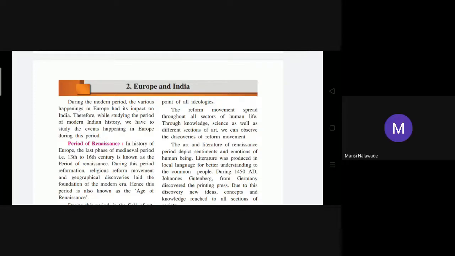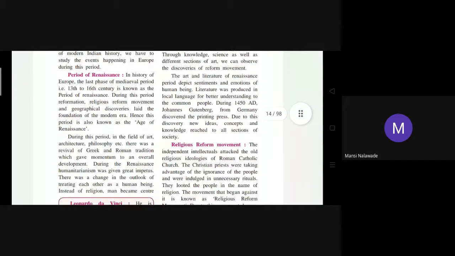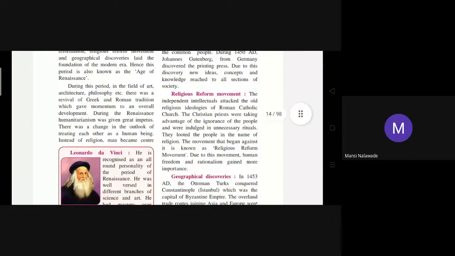Yes, teacher. The intellectuals attacked the priests for looting the people in the name of religion. They attacked the old religious ideologies of the Roman Catholic Church.